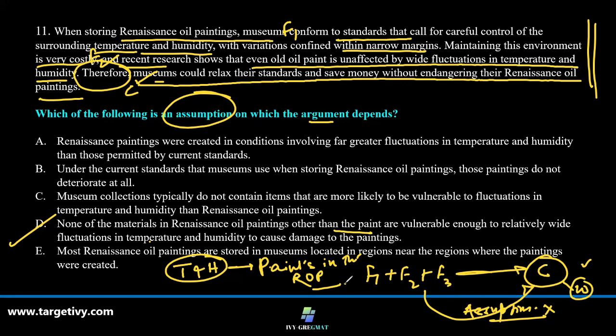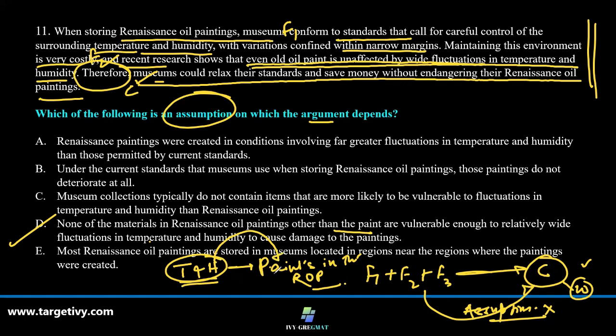So we presume that if the new finding shows that even the old oil paintings are unaffected by wide fluctuations in temperature, that means temperature and humidity will have zero effect on the paints.